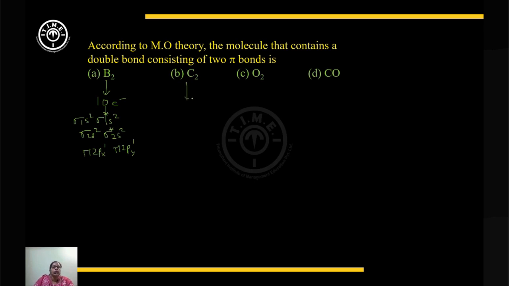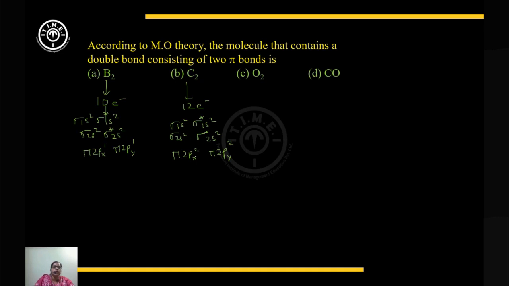In the case of C2, after writing all the examples, we can understand this question. C2 has 12 electrons. The electronic configuration of the C2 molecule is sigma 1s2, sigma star 1s2, sigma 2s2, sigma star 2s2. Here 8 electrons are over. Next is pi 2px2, pi 2py2.